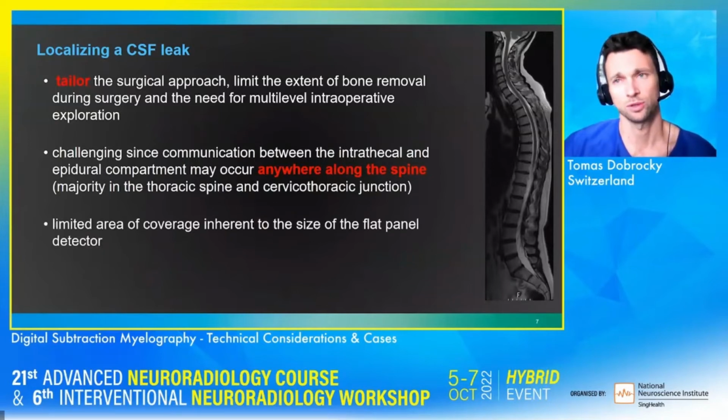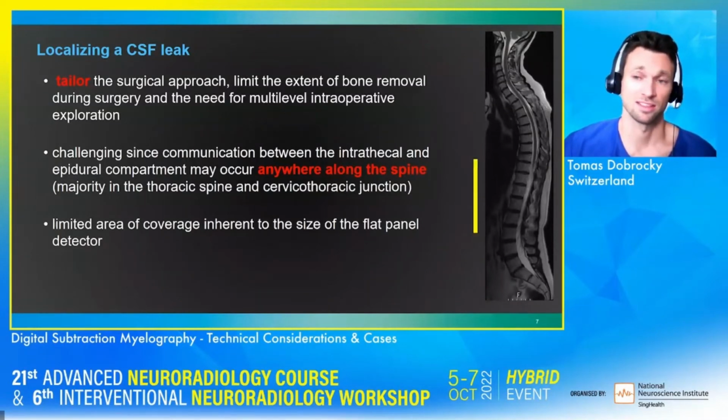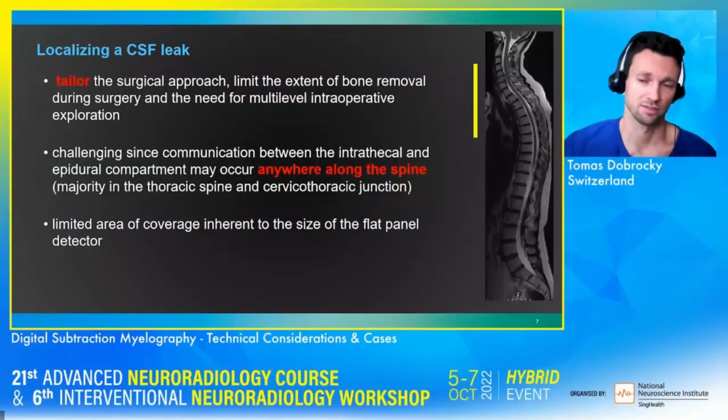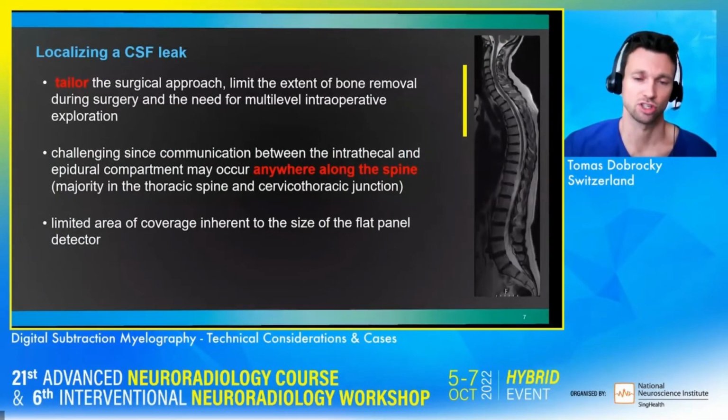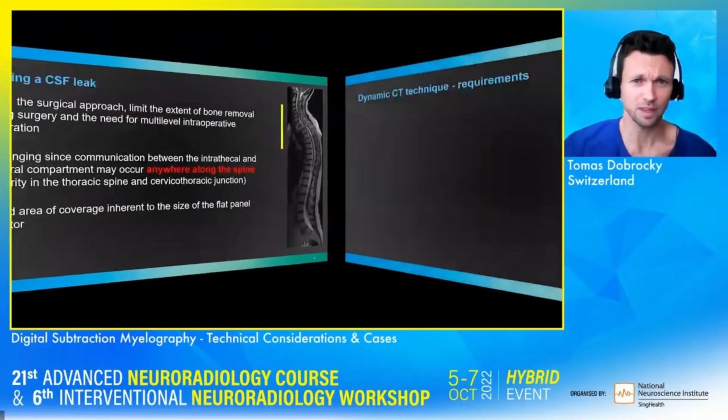When we're doing a diagnostic or dynamic myelography, we have a flat panel, and the size is of course a lot smaller than the entire spine, so we cannot cover it with one flat panel. So this gives us certain challenges.